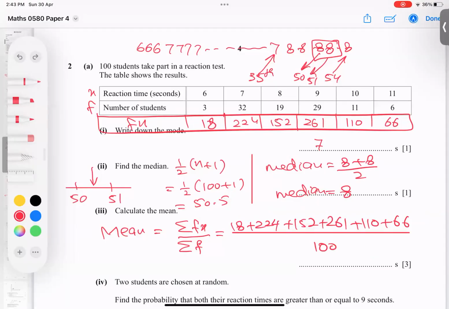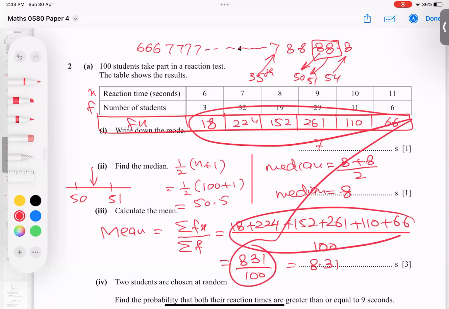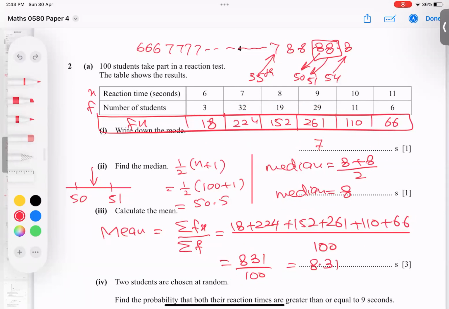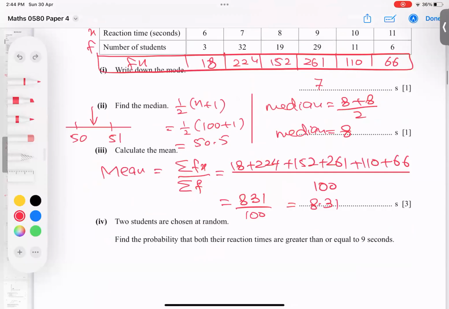It's coming to 831. Over 100, it becomes 8.31, which is the mean. In the exam you can write this directly. Just for the sake of understanding, I wrote it two times for you.